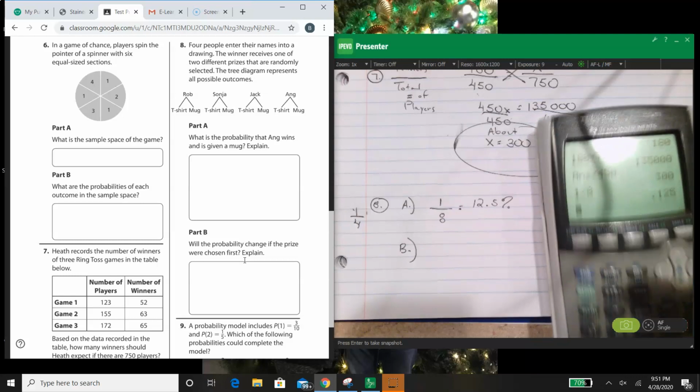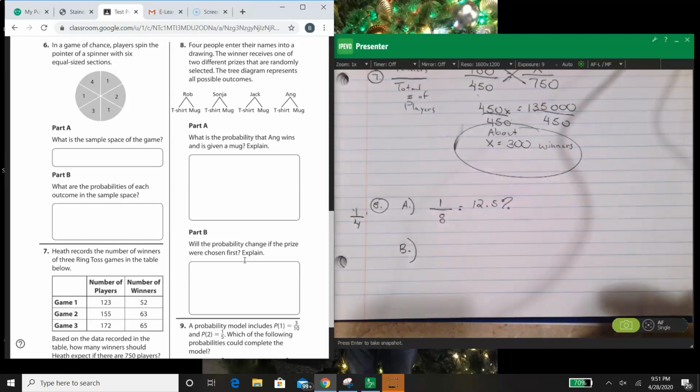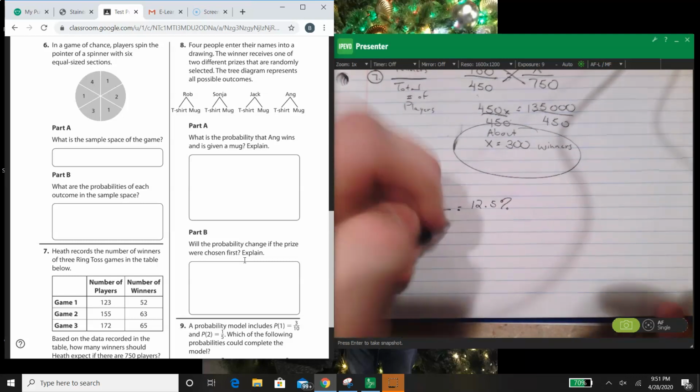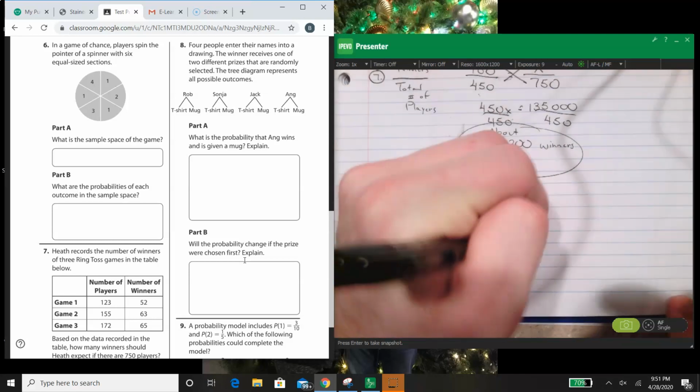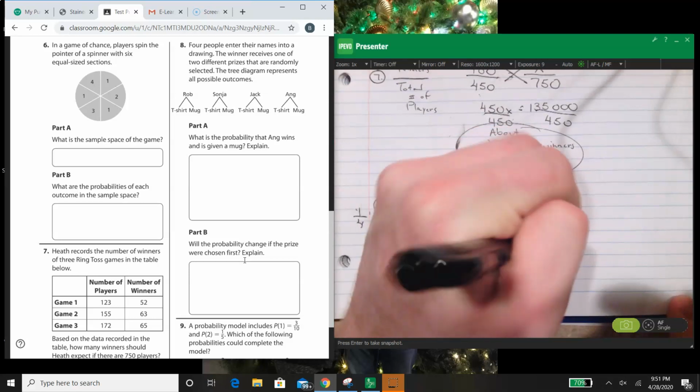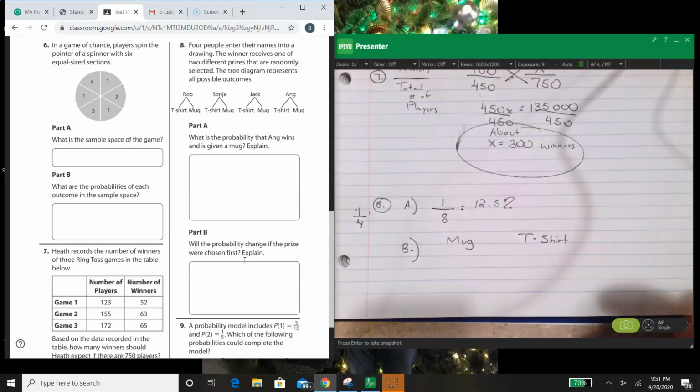So on this tree diagram, if I do the prize first, there are 2 prizes. The prizes are going to be a mug or a t-shirt. If a mug is chosen, then I ask myself, who are the people that could win the mug?